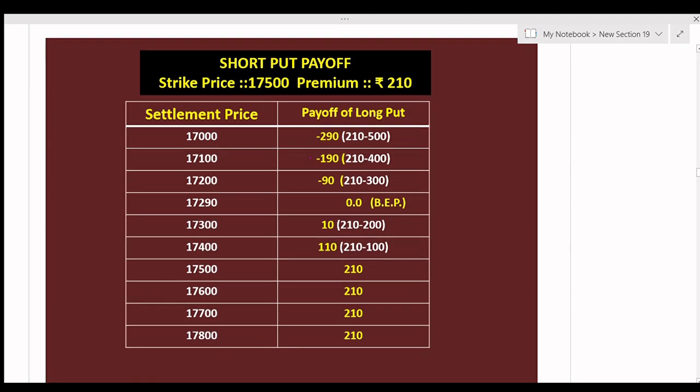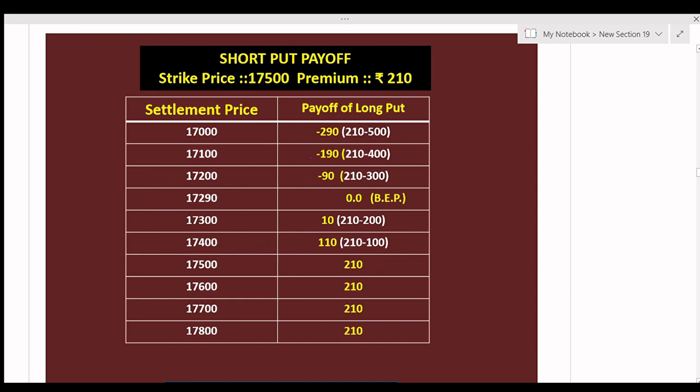And here the profit and loss is tabulated. You see it and find out how the loss comes here, 17,100, 17,200, and how we gain from this. And this is the limited profit from the premium received.